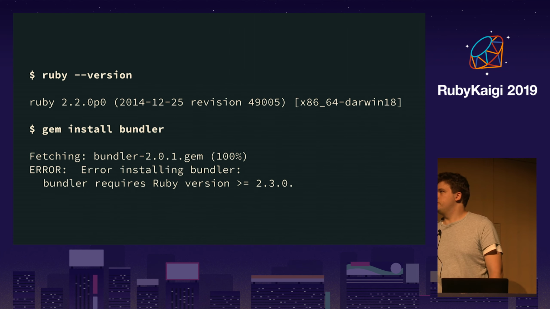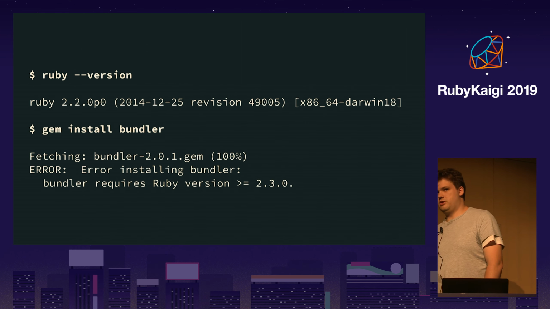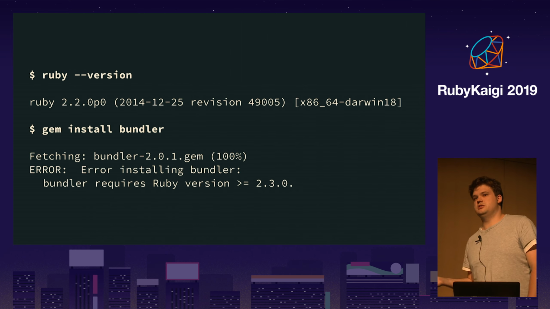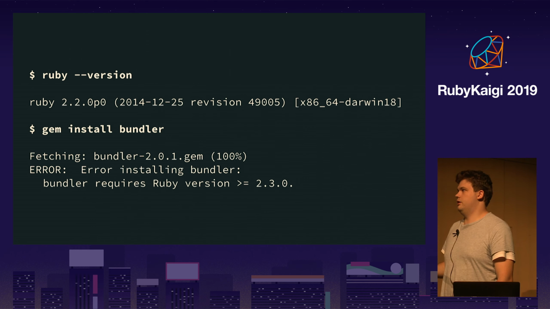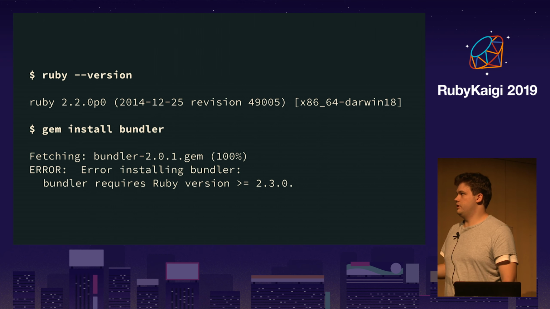So if you're running a Ruby environment, in this case 2.2, and the latest published version of bundler requires at least 2.3, RubyGems will not take that into account. It will just give you a flat out error saying you can't install this version, instead of looking for the latest version of bundler that is compatible with 2.2.